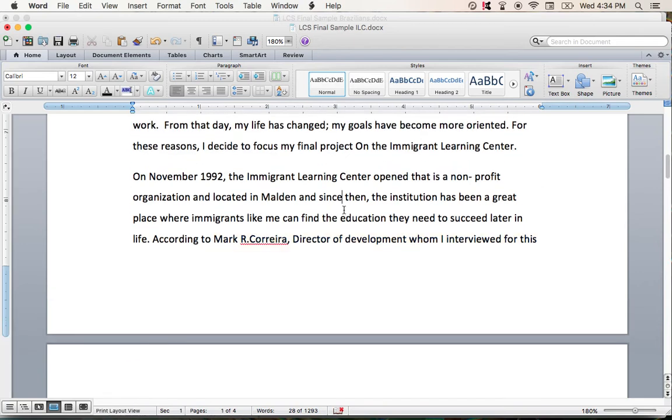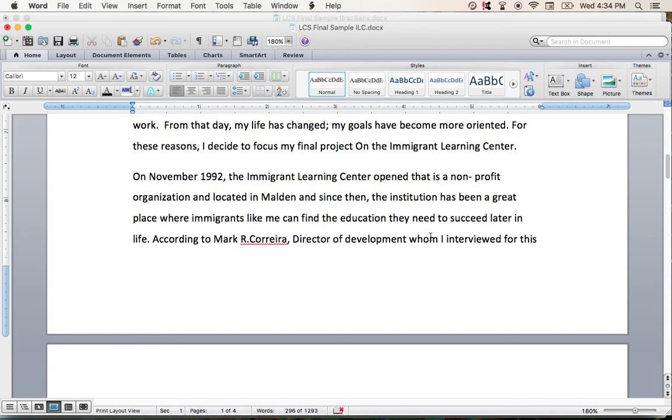So, as you can see in the second paragraph, he went back and gave some of the history of the organization. This is where he's talking about the past. Remember, you have to have the past, the present, and the future.